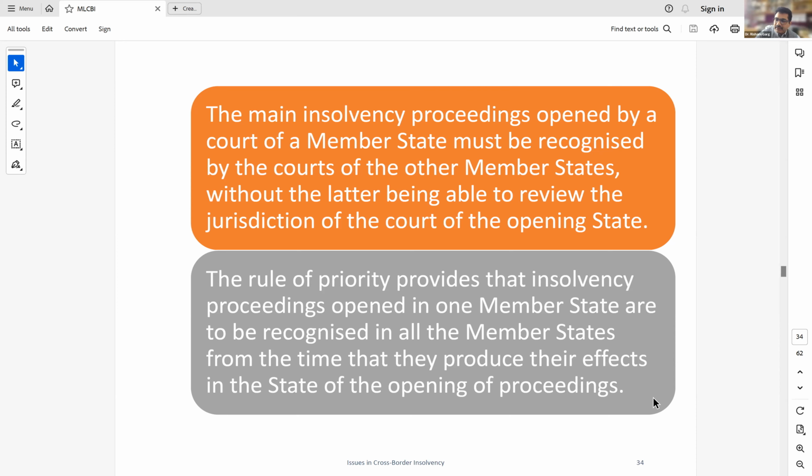And there are several US cases where the companies are registered in the Cayman Islands or Bahamas, and the assets and the office are located in US. So the US have disregarded that the COMI cannot be considered to be Bahamas or Cayman Islands because it is only a letterbox company. It's only an office, and safely we can rebut the presumption of registered office being considered to be the COMI.